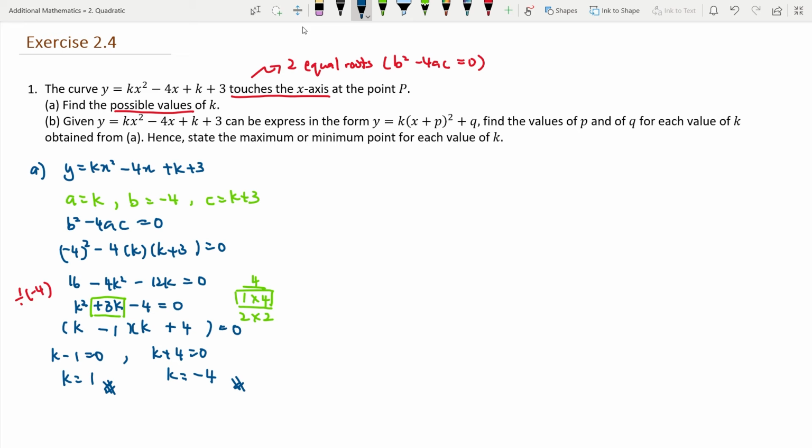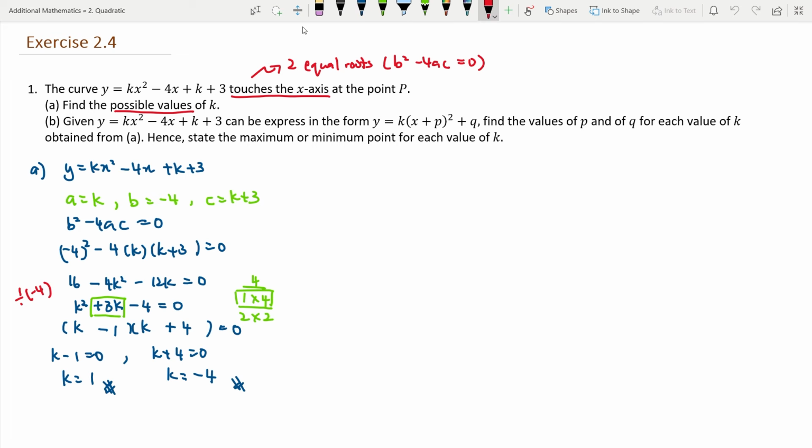B. Given y equals kx squared minus 4x plus k plus 3 can be expressed in the form y equals k(x plus p) squared plus q. Find the values of p and of q for each value of k obtained from A. Hence, state the maximum or minimum point for each value of k.